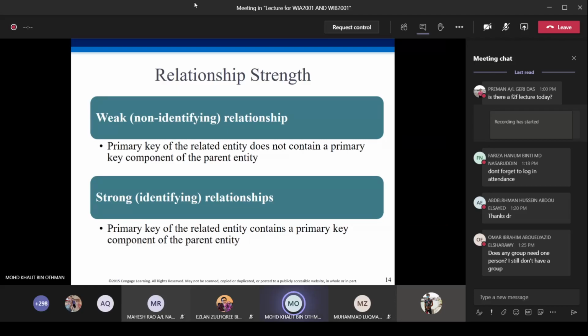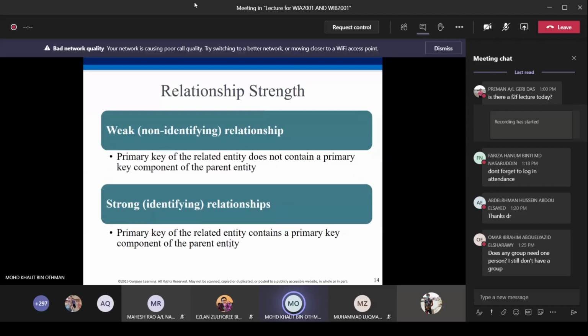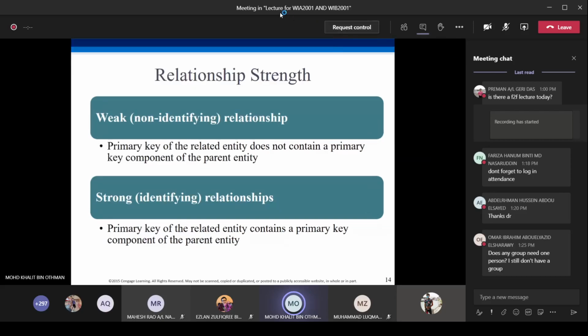A weak relationship exists if the primary key, or PK, of the related entity does not contain a primary key component of the parent entity. In the next slide, we will look at a more detailed example of a weak relationship in the ER diagram.